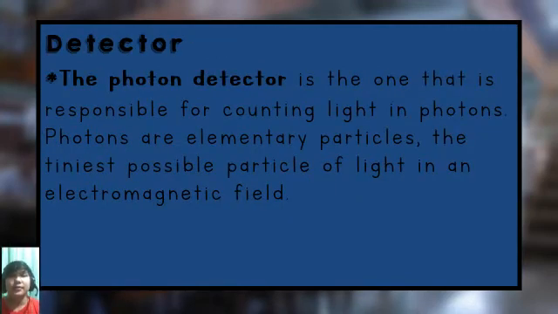Detector: the photon detector is responsible for counting light in photons. Photons are the elementary particle, the tiniest possible particle of light in an electromagnetic field, being gathered in this technique.